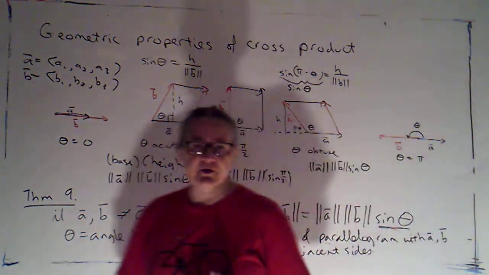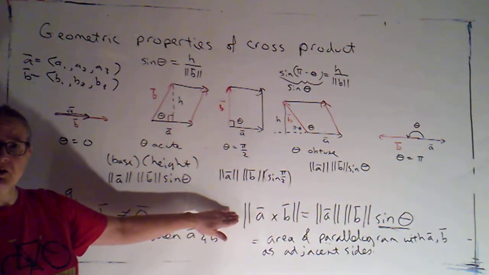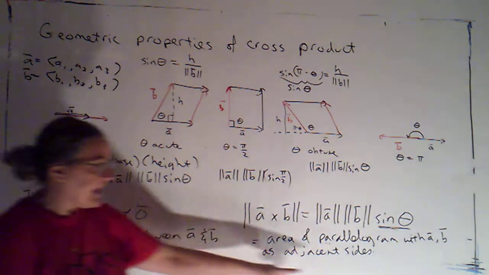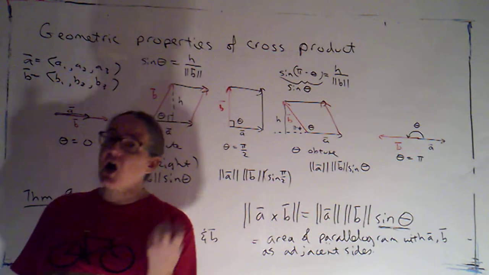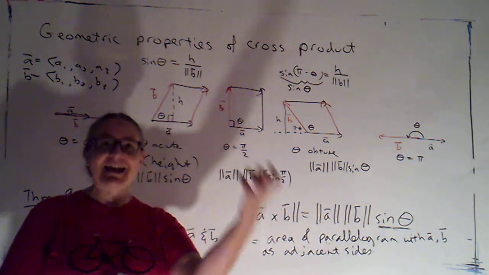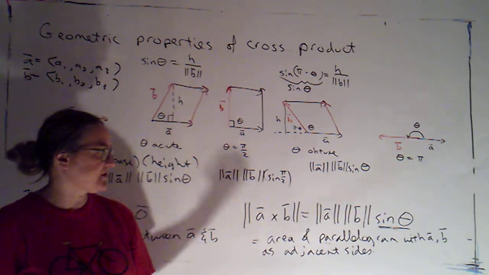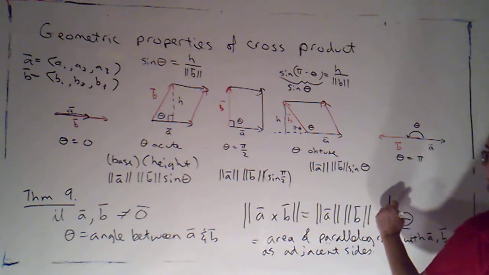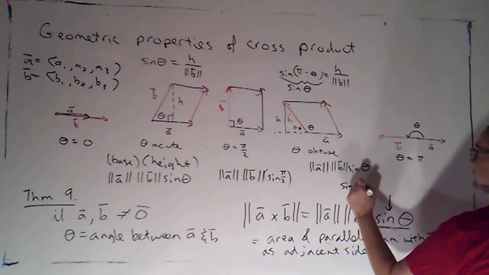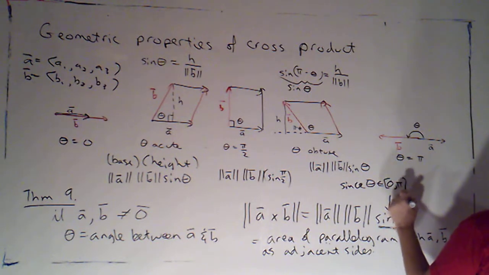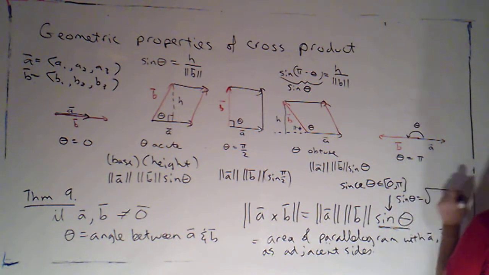The book also proves this theorem. Again, they do that by writing things at the component level, and then using the fact that for cosine of theta, we've got a formula in terms of the dot product and the magnitudes of our two vectors, and for angles that are between 0 and pi, since theta is in the interval from 0 to pi, sine of theta can be written as just the square root of 1 minus cosine squared theta.